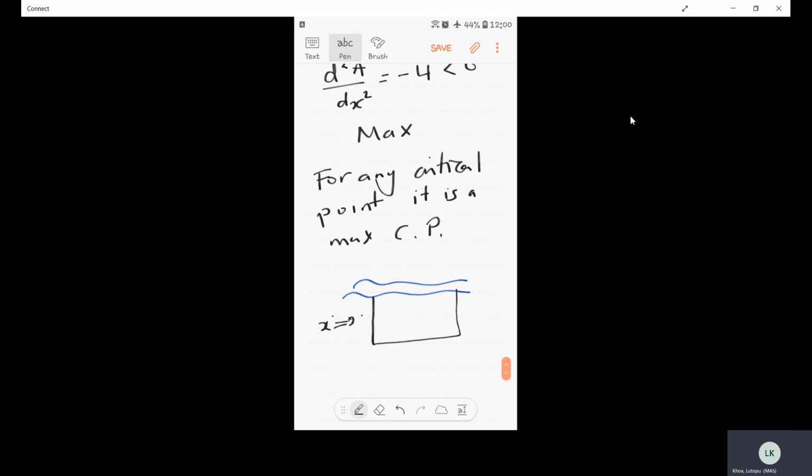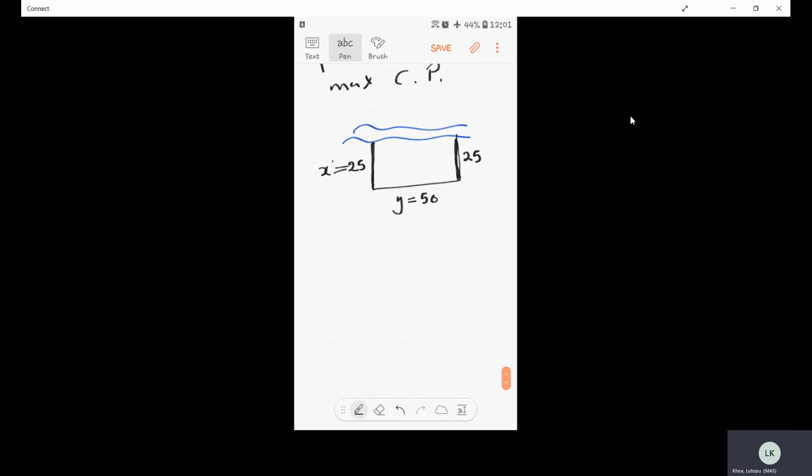This side will also be equal to 25. So this side over there and that one, when I add them together, it gives me 50, and that means that this side y is equal to 50 because the entire length must be equal to 100.